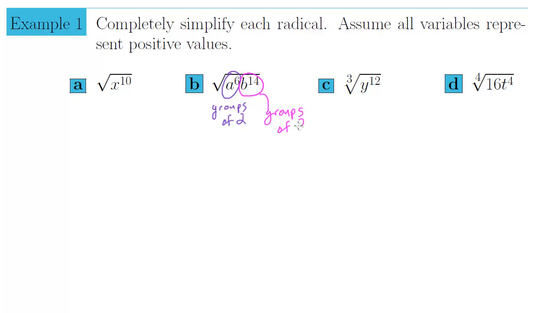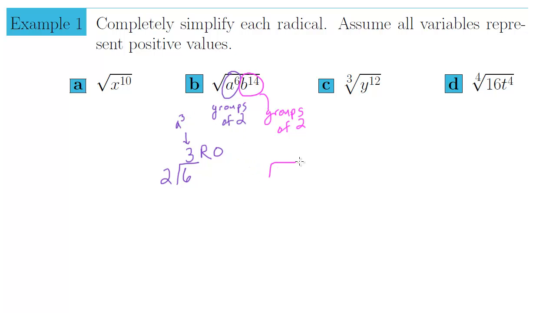Now, instead of writing it all out, let me just do the division problem. I have 6 factors of a that I need to break into groups of 2. 2 goes into 6 3 times with no remainder. So that means I'm going to have an a cubed on the outside, since I have 3 groups of 2, and then I'm going to have no a's left on the inside. Same thing with the b to the 14.